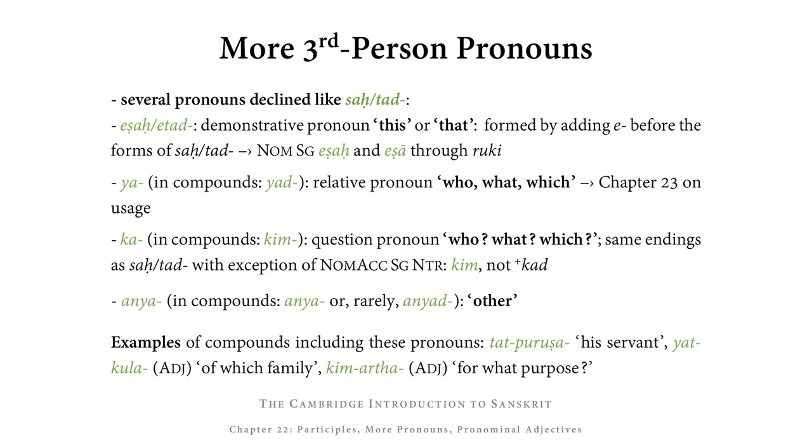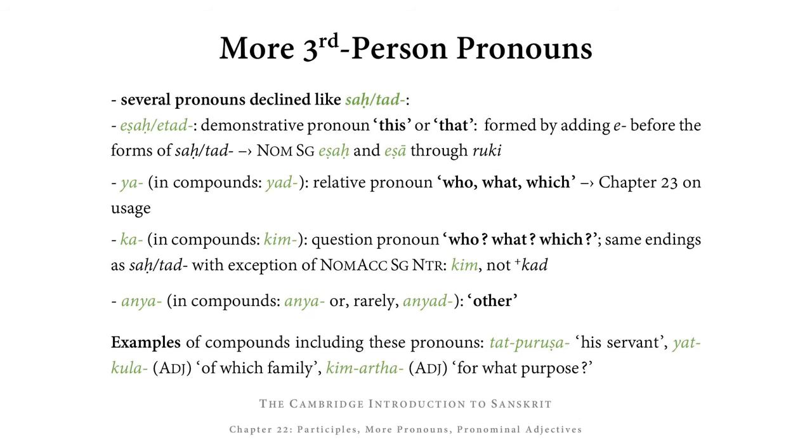Just like sa/tad, these pronouns have slightly unexpected stem forms, so forms that would be used in compounds. Of eṣa/etad, the stem form would be etad. Of ya, the stem form is yad. Of ka, it is kim. And of anya, it is either anya or more rarely anyad.